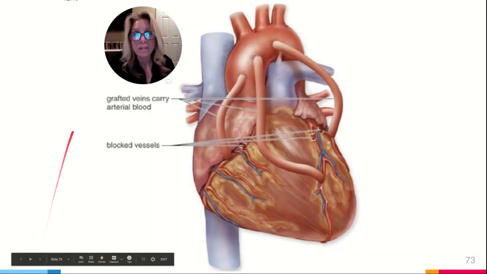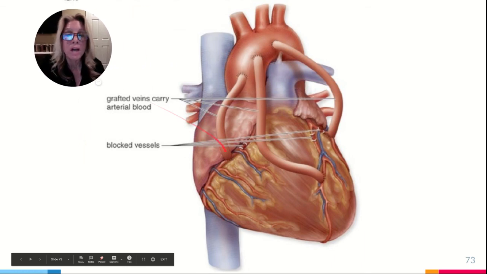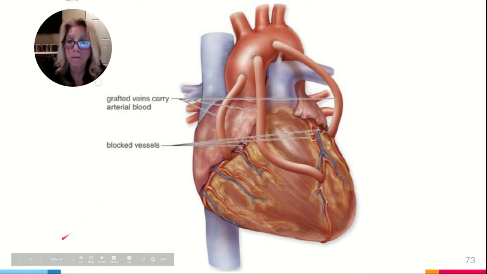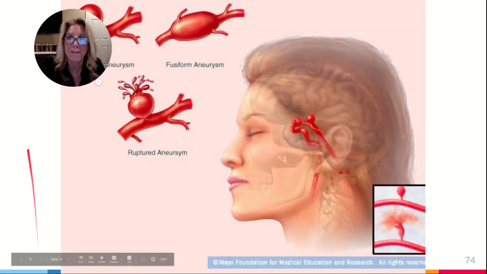This is what they might do: they might harvest a vein from one part of your body and stitch it here to your aorta to go around the clot. This would be called a triple bypass, because they have 3 bypasses. If they only had 2, it would be a double bypass. You don't want to have that happen.